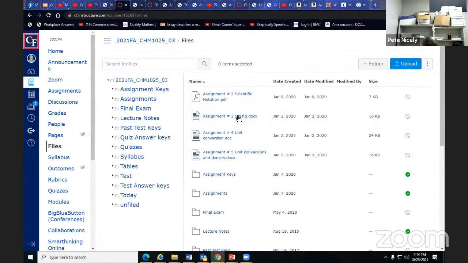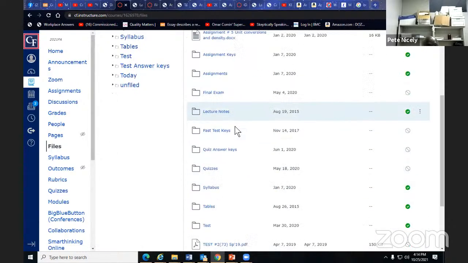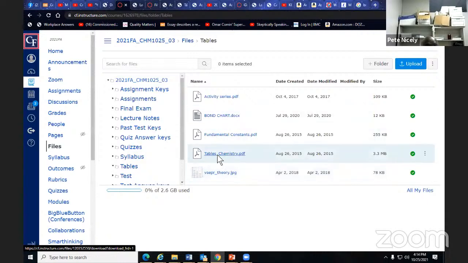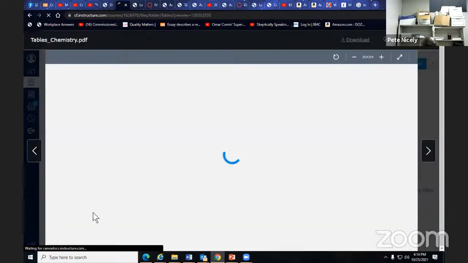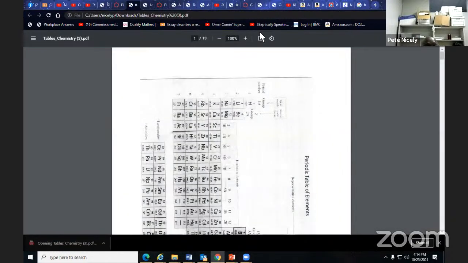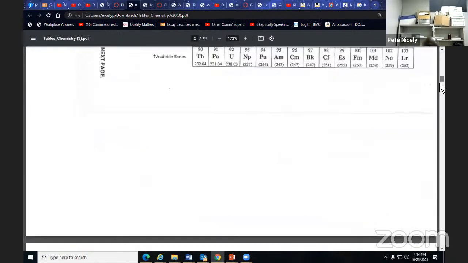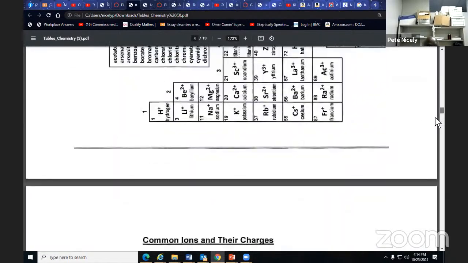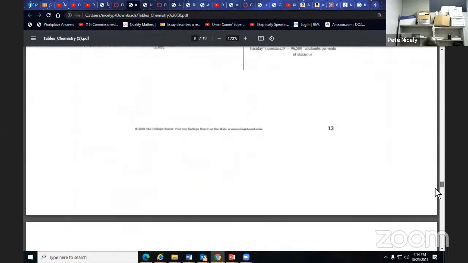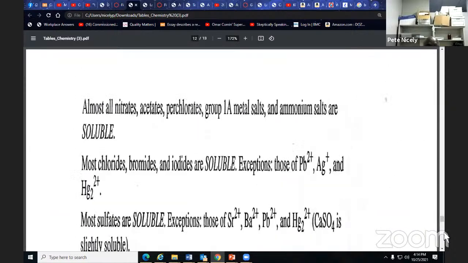And let me go to, where are the tables? Tables. And then let me go to Tables Chemistry, Download. And then let me scroll down. And the table I'm referring to is this table right here, all right?